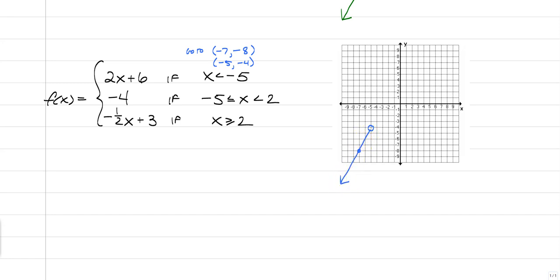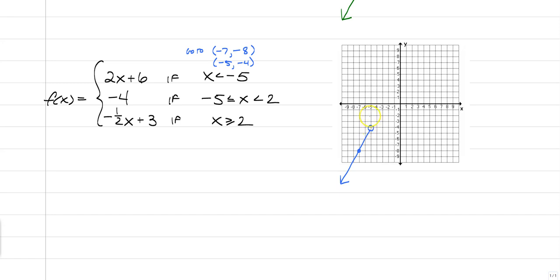Now again, if we were to go back and check 2x plus 6, that's our 2x is our slope, so 2 would be up 2 over 1, up 2 over 1. So you can see that the slope is still consistent.